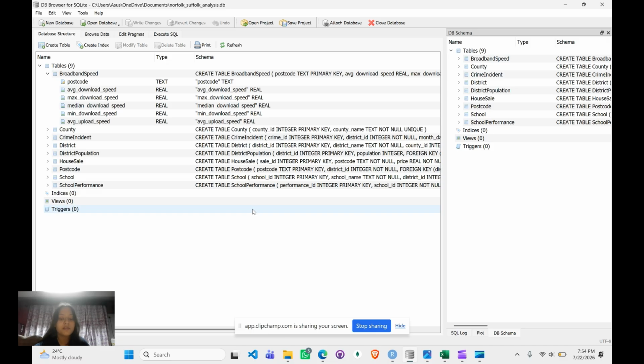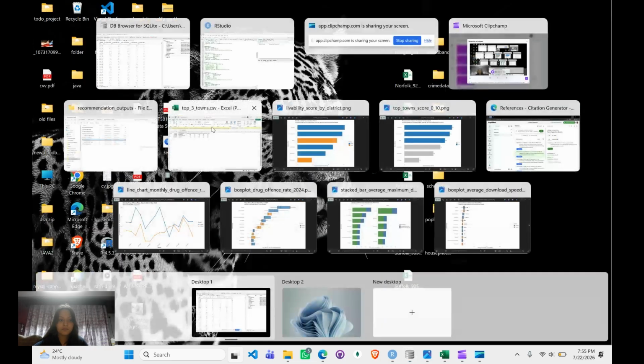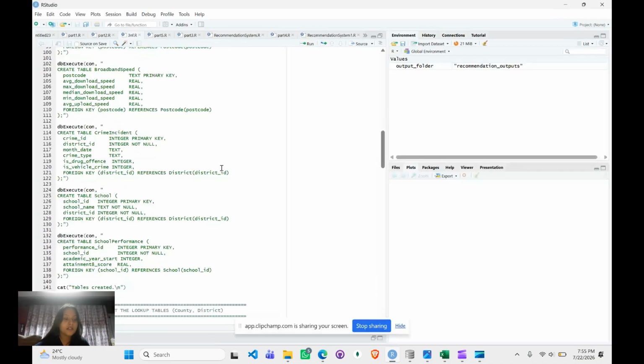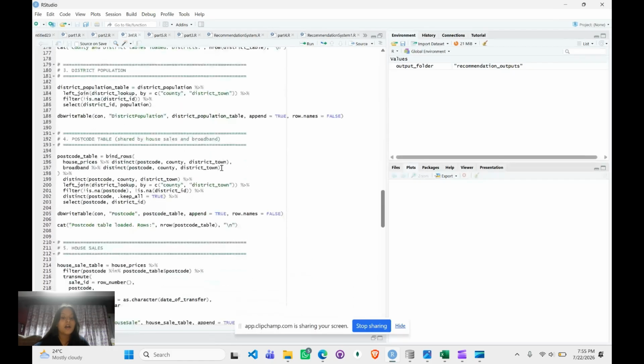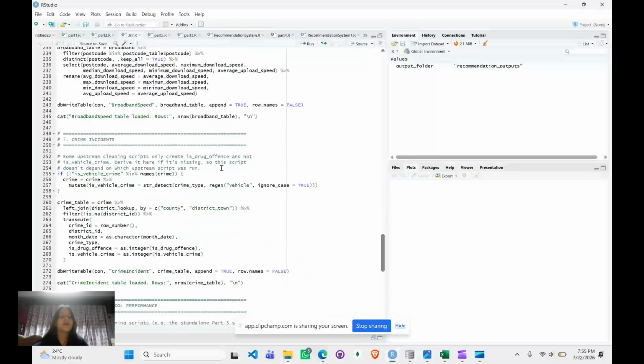To verify the database, to check that it worked correctly, I executed SQL join queries that combined multiple tables and successfully calculated average house price by district.